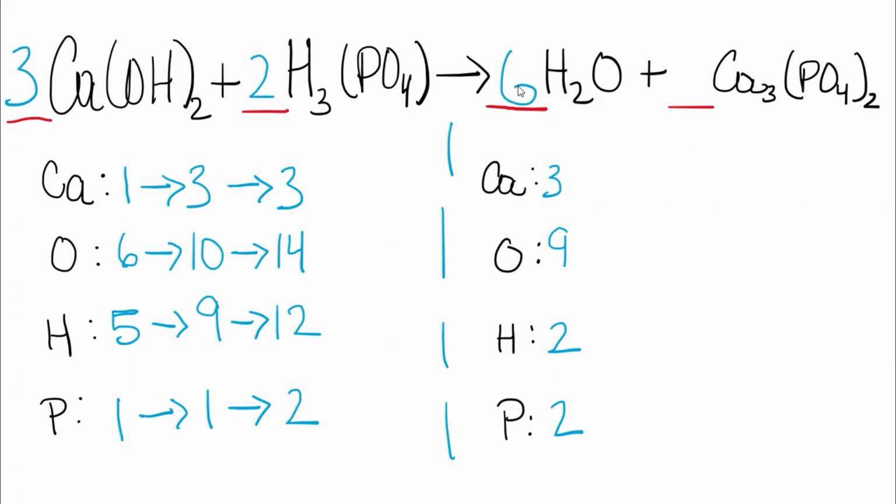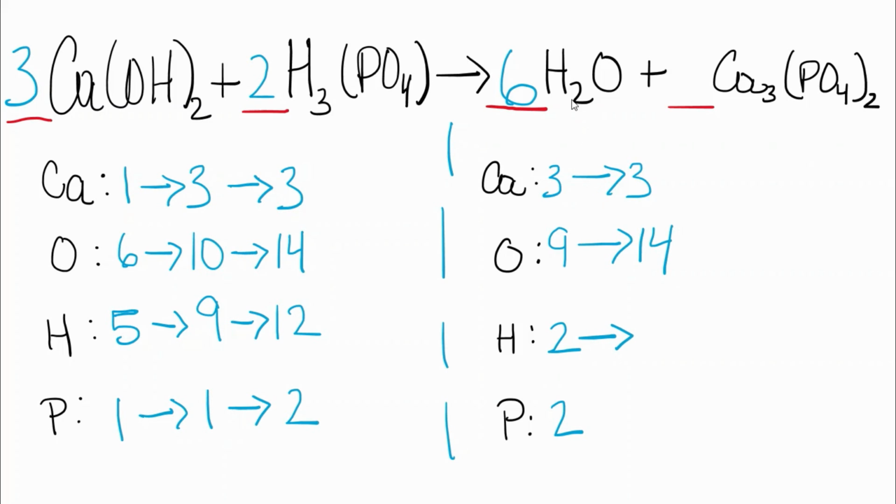So if we just put a 6 here, we now can say that we have still 3 calciums. So we'll have 6 oxygens from water, and then we will have the 8 oxygens from calcium phosphate. So that'll be 14 oxygen.